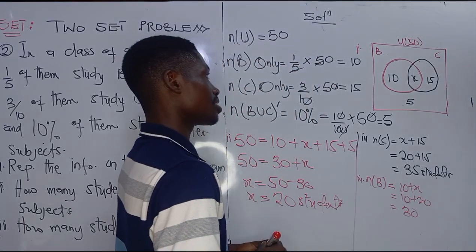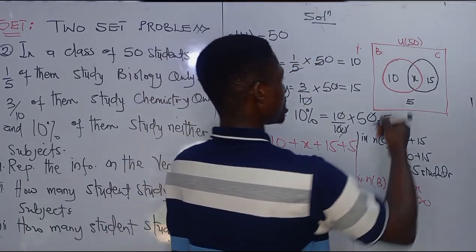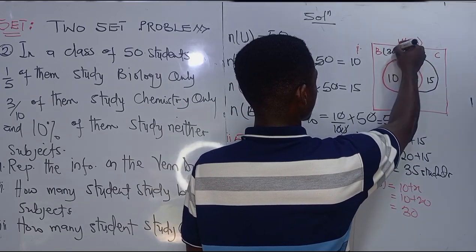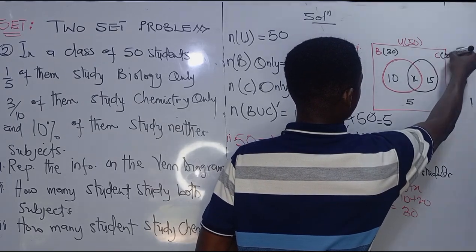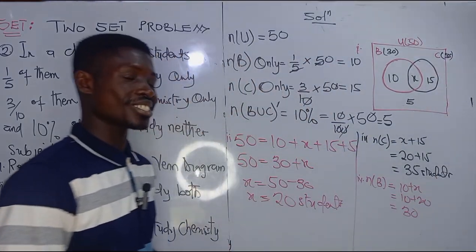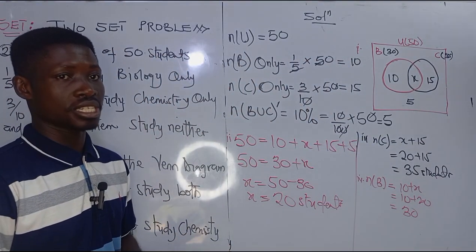So the number of students who read biology is 30 students, and chemistry is 35 students. And that is that for question 2.